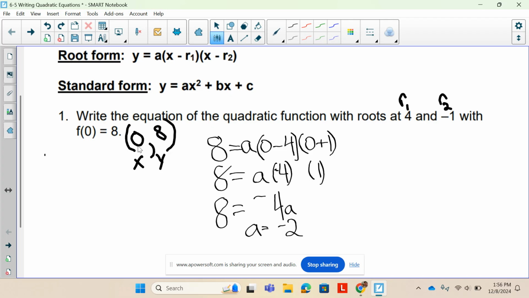Last thing I'll need to do is I'm going to pull those x and y values out. So the 8 and the 0 are going to turn back into a y and an x. And I'm going to plug in that -2 for the a.